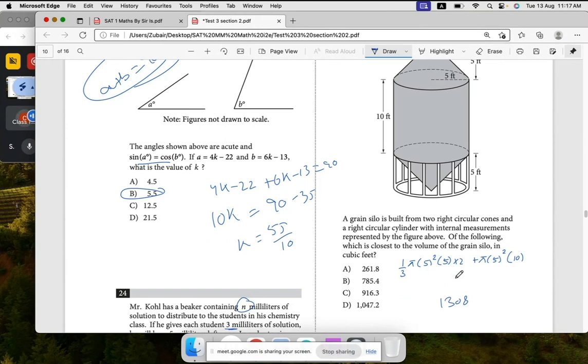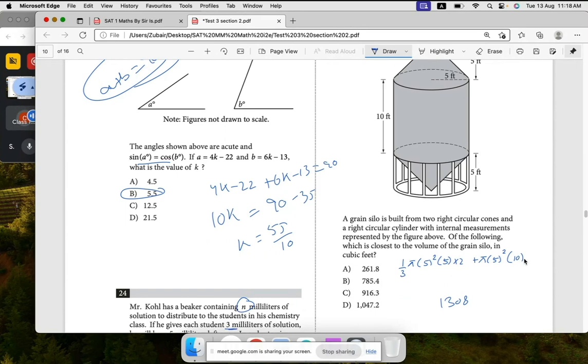Where is this mistake? I'm getting 13. Pi r square h, 1 by 3 pi r square h, and 2 times plus. Oh, in cubic feet. So yes, these are also cubic.